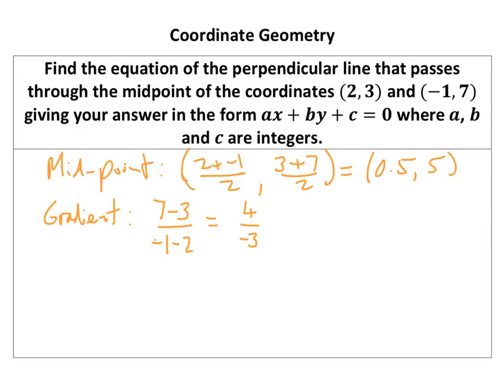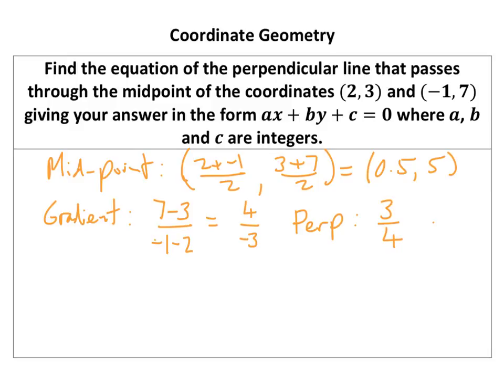So there you go. So therefore, that's the gradient between the 2 points. So the perpendicular is going to be 3/4. All right, happy with that. All right, because the two have got to multiply to make minus 1, haven't they? So there you go. In order to give our perpendicular meet at 90 degrees.